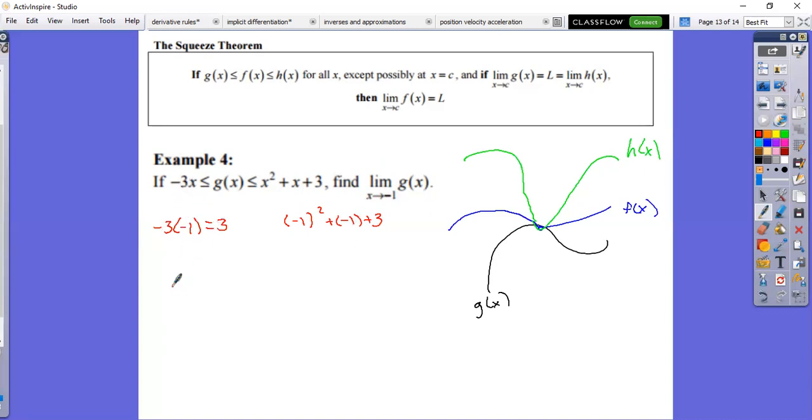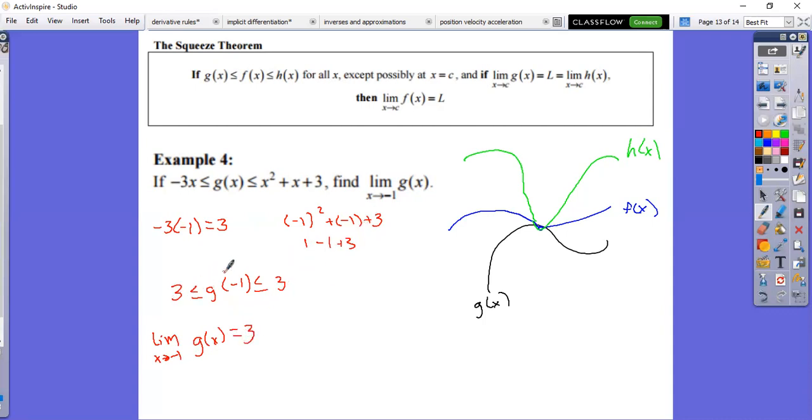So for this one, I have 3 is less than or equal to g of 1, or g of negative 1, sorry, which is less than or equal to negative 1 squared is 1, minus 1, plus 3. 1 minus 1 is 0, plus 3 is 3. So therefore, the limit as x approaches negative 1 of g of x must be equal to 3.